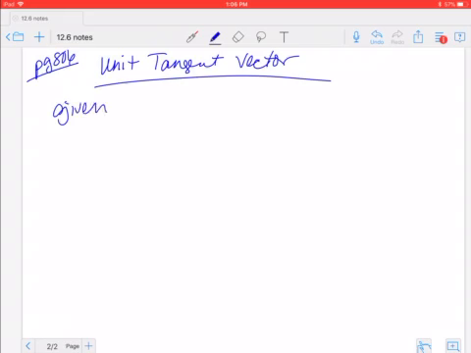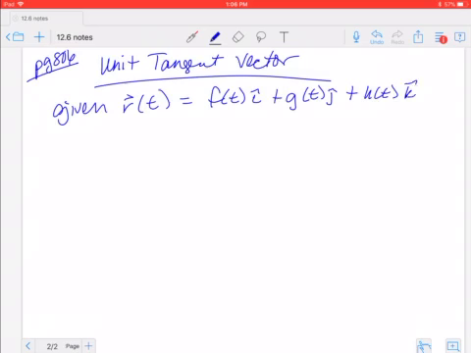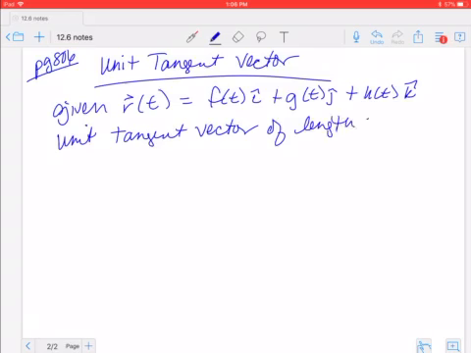So if I am given my vector valued function, r of t is still f of t plus g of t plus h of t, a unit tangent vector, of length 1, because that's a unit, right? That's the whole point, is T of t, just to show that it's a unit tangent.